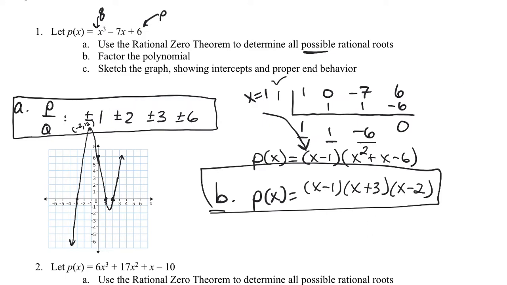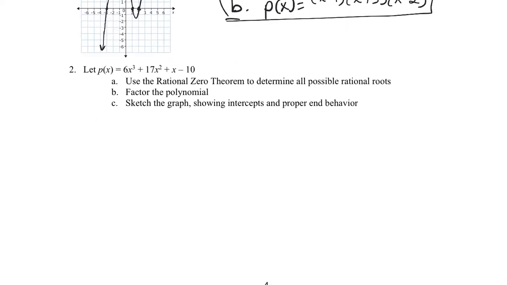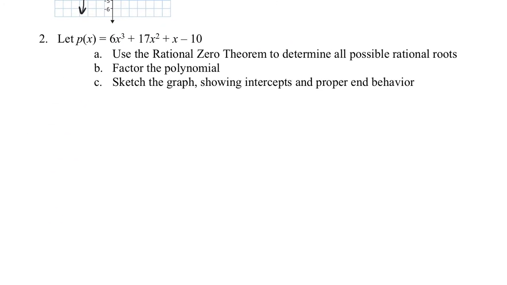All right. Question 2. It seems like it's the same. The reason I put this one on here is part A is a little different because your leading coefficient is not just 1. So it does change how you list your possible rational zeros. For part A, I would do P and Q separate for this one.